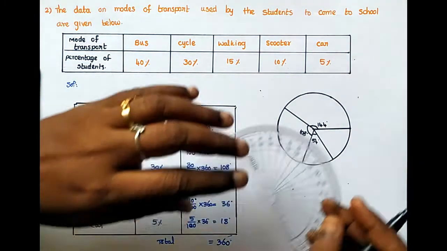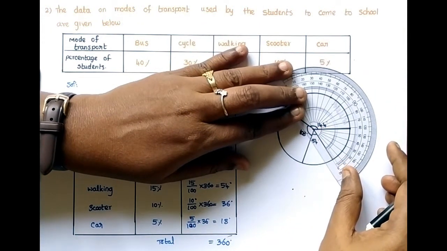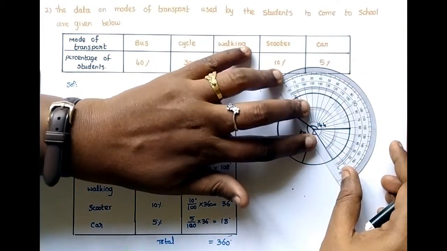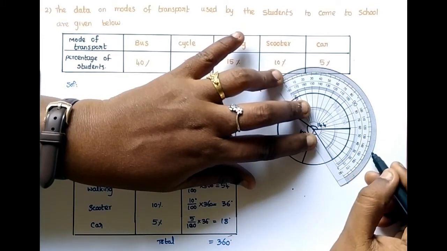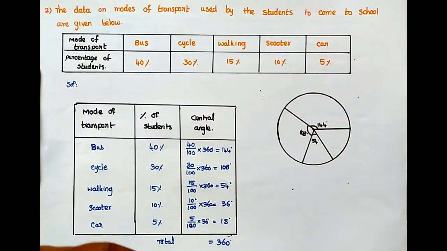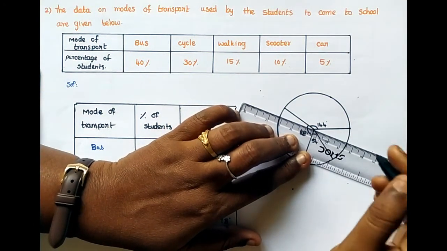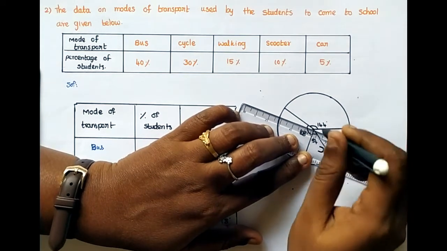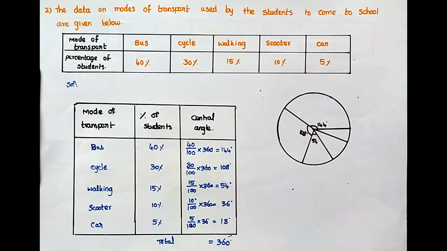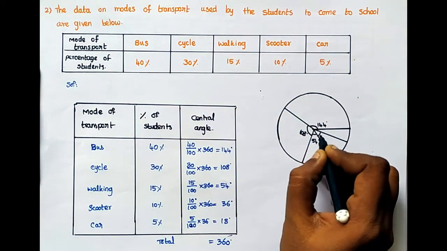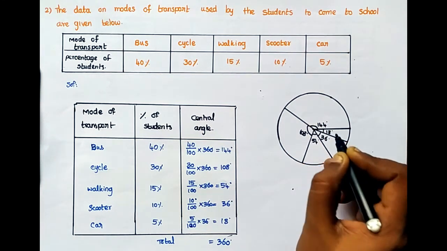Next one 36 degree. Measure 36 degree. Here 30, 35, 36. At last 18 will come automatically. That is 18 degree.